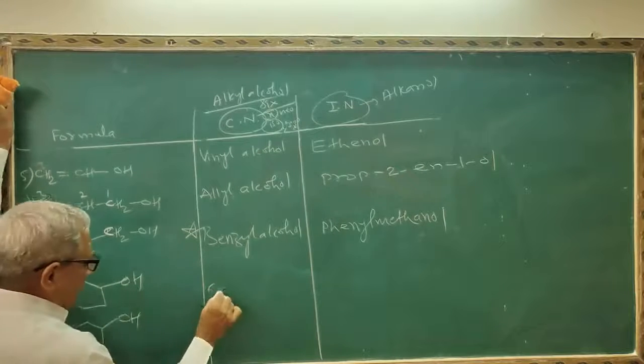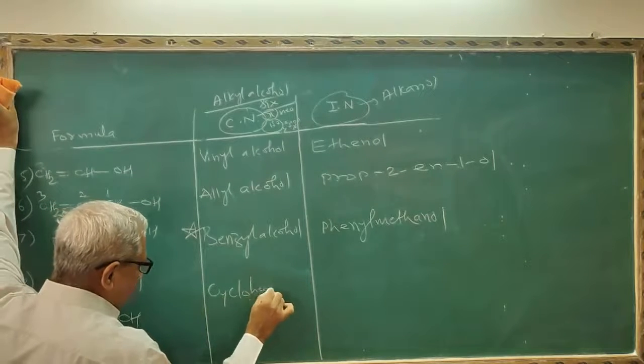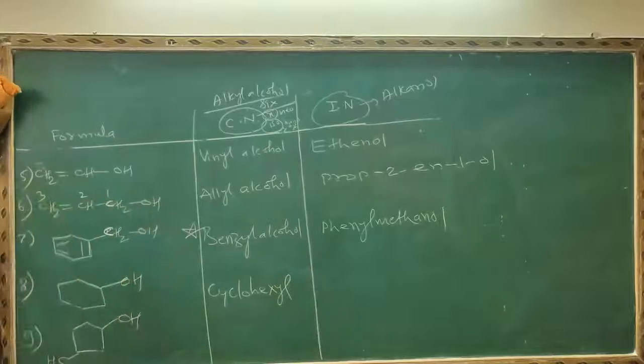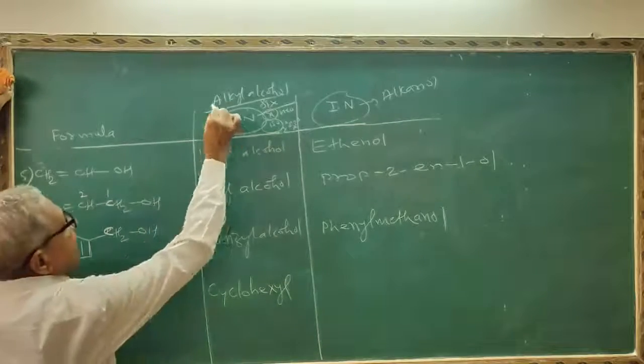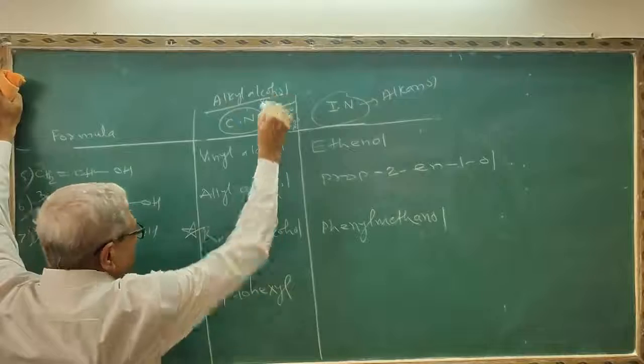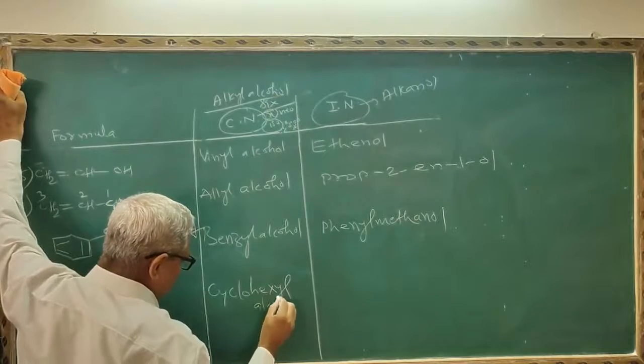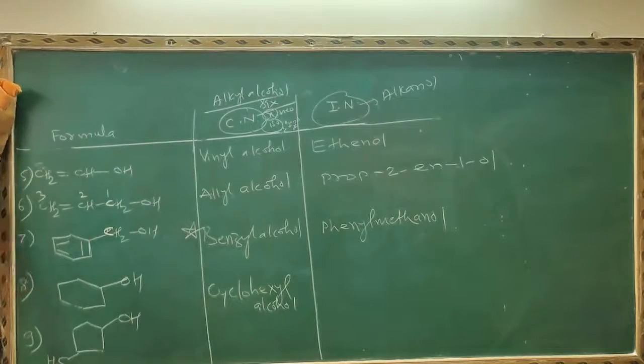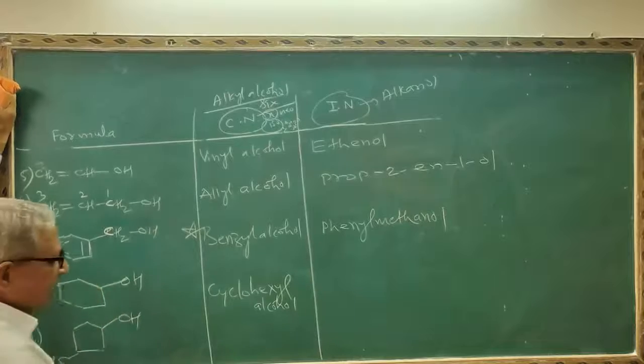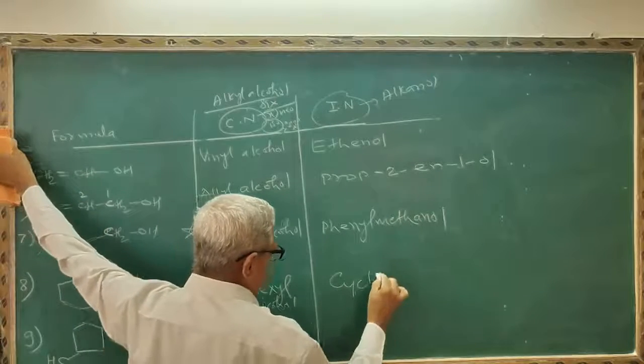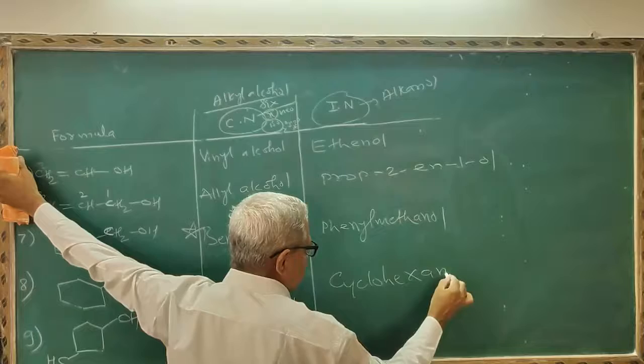The name of this one: OH group is there. The alkyl group is cyclohexyl, next term is alcohol. This is the common name. Now see, 6 carbons in the ring, therefore it is a derivative of cyclohexane.